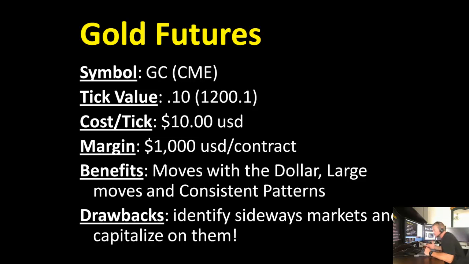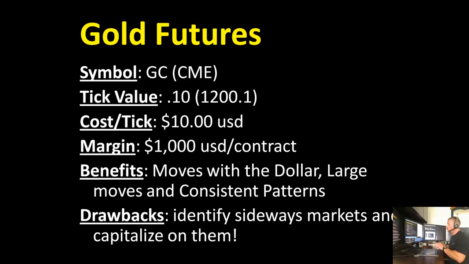The cost per tick is $10. Margin on gold was recently increased to $1,000 per contract because of some good volatility. To trade 4 lots on gold, you'll need $4,000.